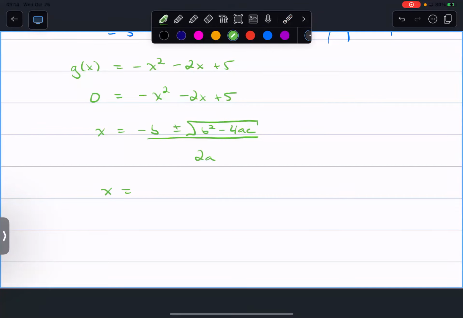Negative b is negative negative 2, so 2, plus minus the square root of negative 2 squared, which is 4, minus 4 times, and you know what, I shouldn't write it like that. Negative 2 squared, but in my head I'm saying 4 minus 4 times a, which is negative 1, times c, which is 5.